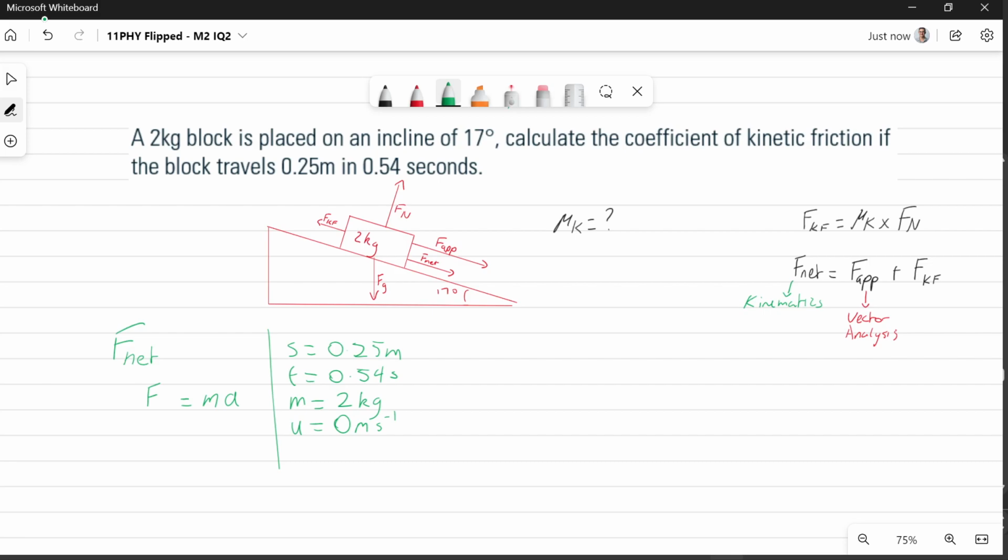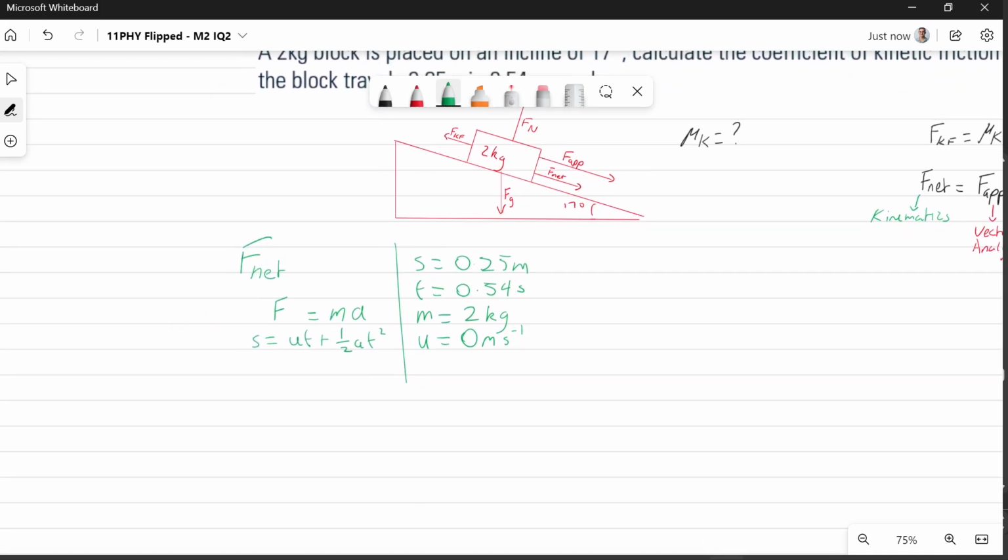Now that we have 4 different kinematic values, A, S, T, and U, we're able to select and apply a kinematic equation here to calculate for A. The equation that we need to use is that S is equal to UT plus a half AT squared. Now to solve for A, we will need to rearrange our equation and make A the subject.